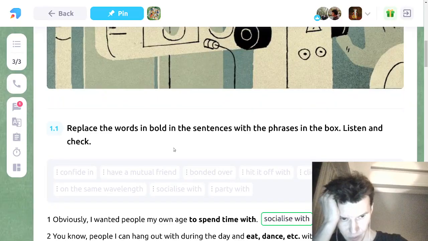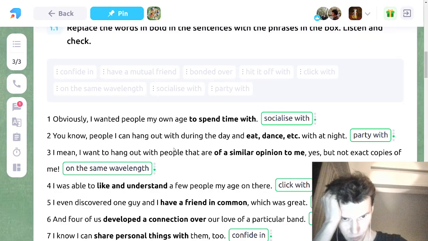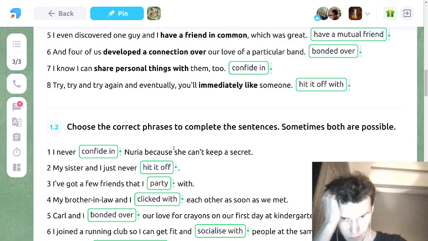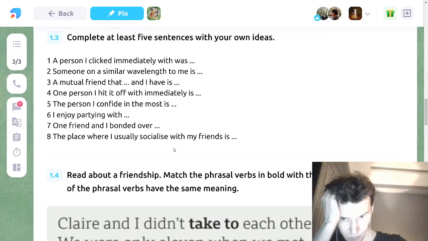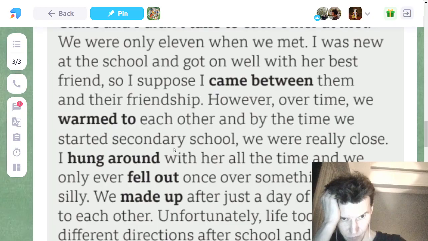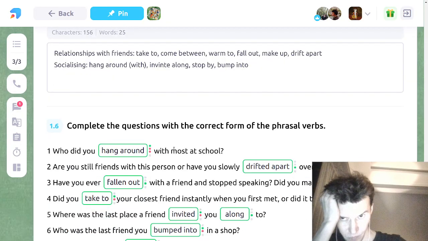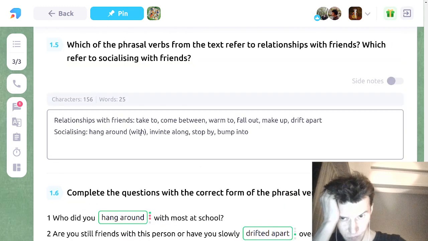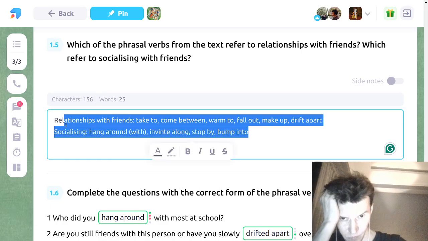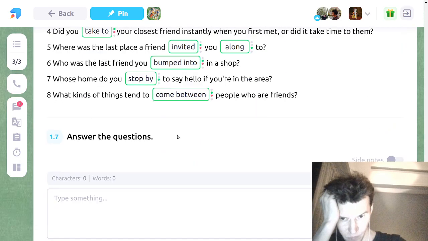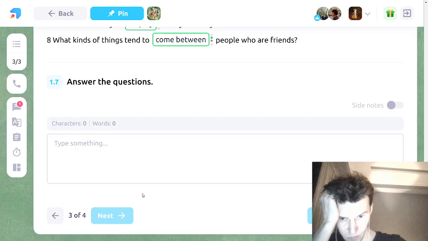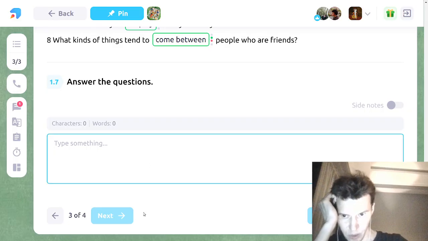Yeah, I feel that I'm closer. For some reason I cannot go to the last page.